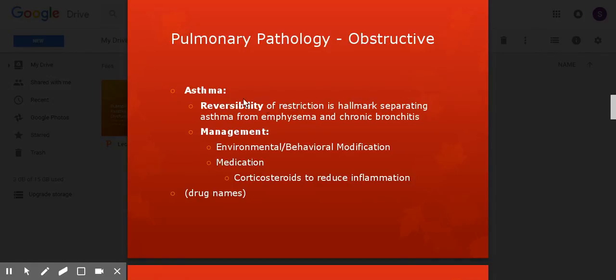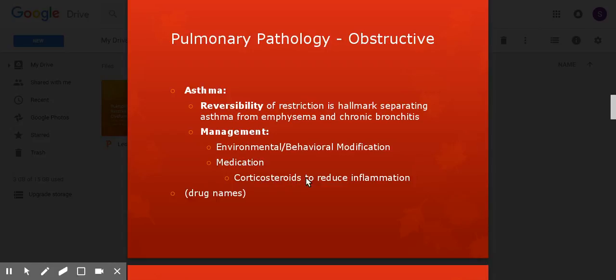So how should asthma be managed? Environmental behavioral modification, figuring out what the triggers are and removing those triggers from the person's typical environment, followed by medication.